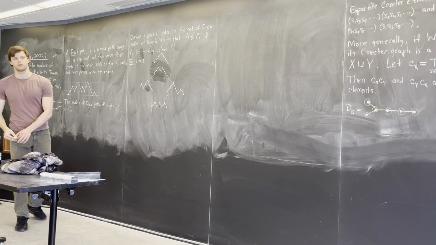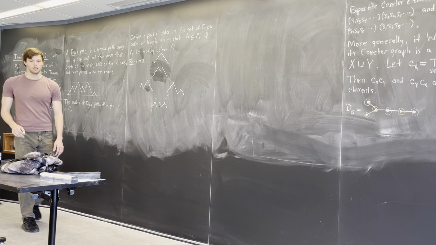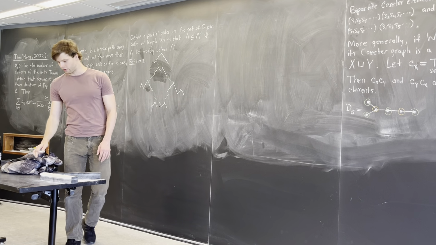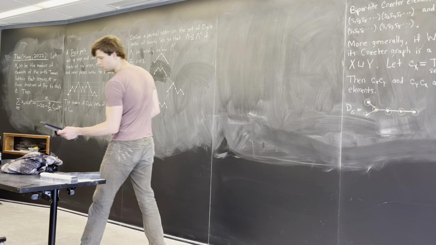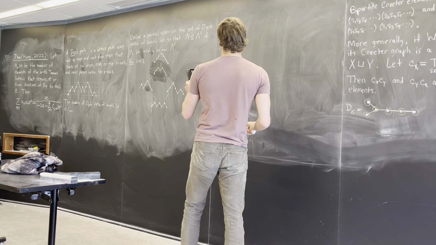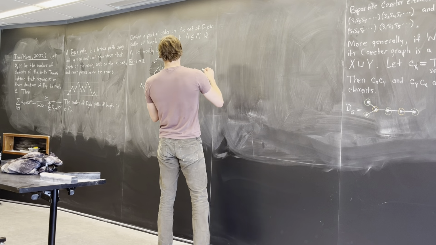There's another kind of lattice path that's nice. These are called Motzkin paths. I'll write this out, but the examples make it easier to understand.